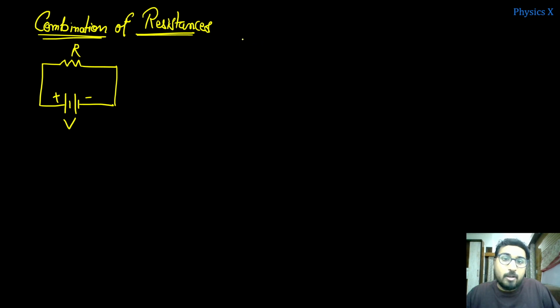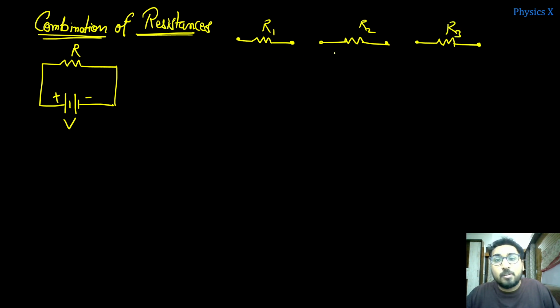Sometimes it may happen that there are different values of resistors. Let us say different kinds of loads are there. Each type of appliance can have different resistances, right? So let us say these are three different resistors, R1, R2, R3, there are different values of resistors, and it is possible that I can connect these in an electric circuit.